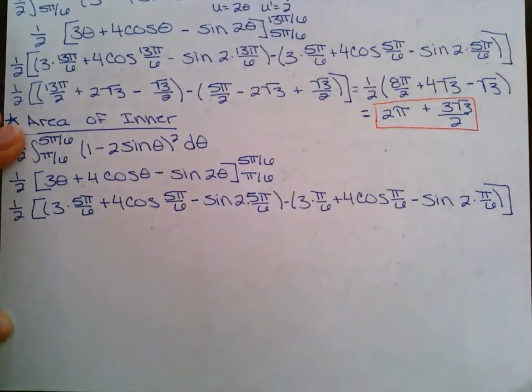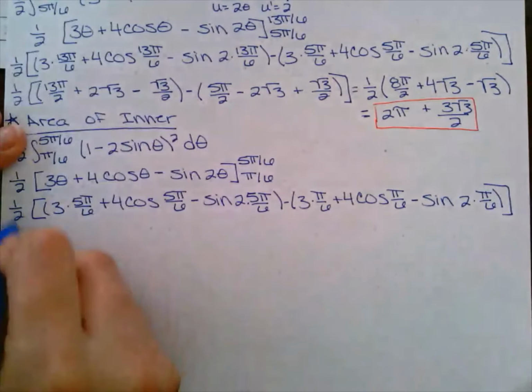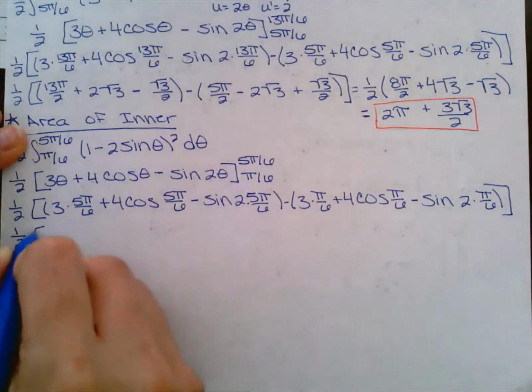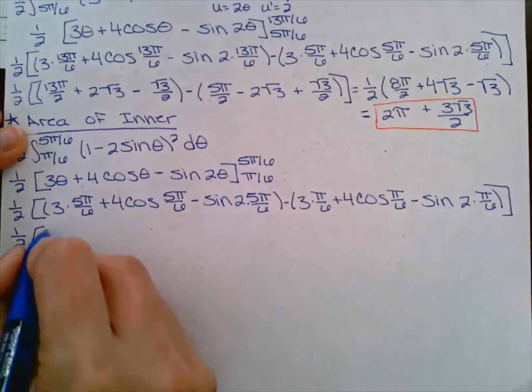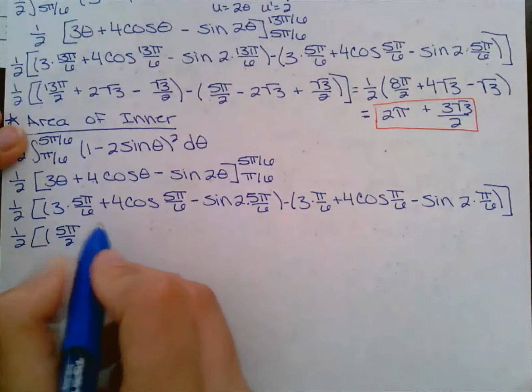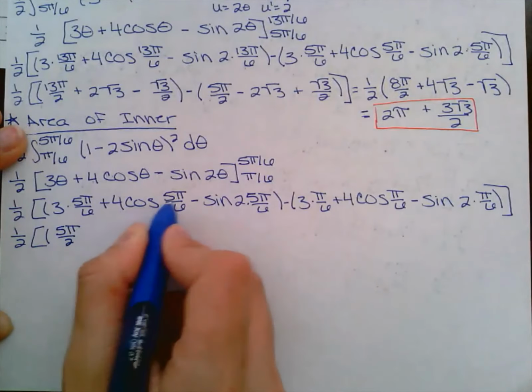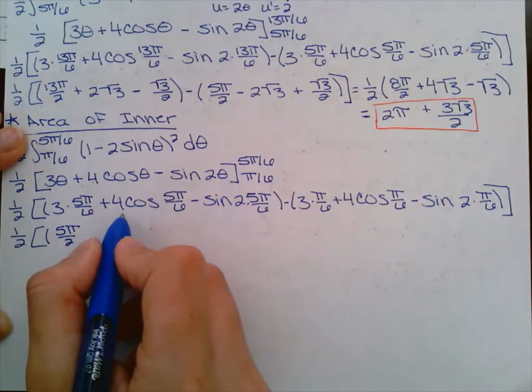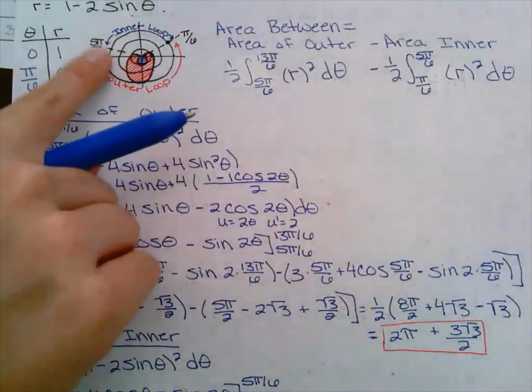Now I'm going to go ahead and start to clean. The 3 and the 6 reduce, and I have 5 pi over 2. Now, cosine of 5 pi over 6, you find that value in the unit circle, times 4. And remember, let this drawing help you to know where to find it on the unit circle.